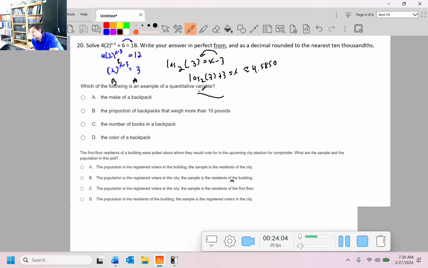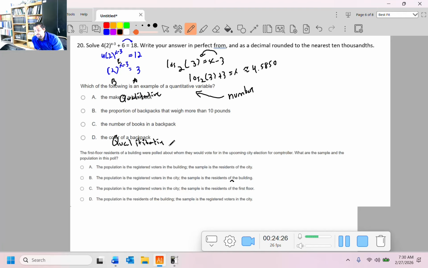Quantitative means numbers. There's two big ones. There's quantitative and there's qualitative. Qualitative would mean quality. D is a qualitative. Color is a quality.